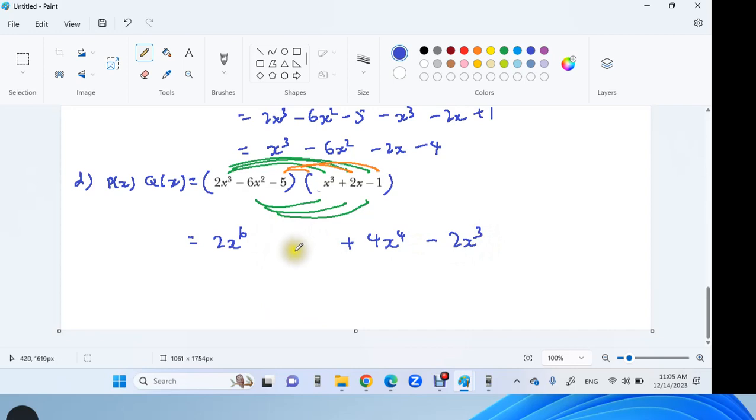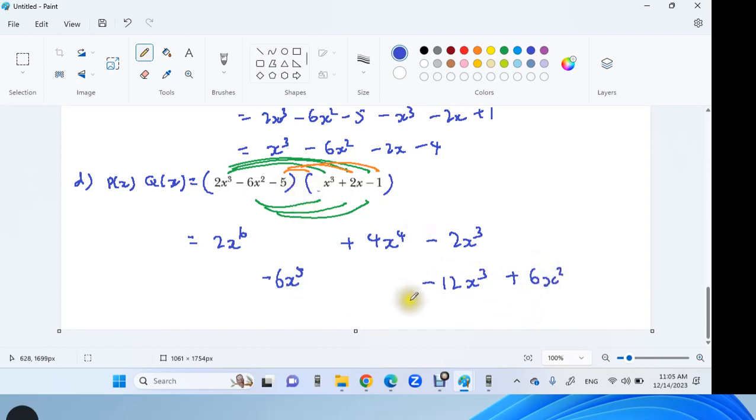I leave an empty space here because I want to align with the power. Then negative 6x squared multiplied with this will become negative 6x to the power 5, and then minus 12x cubed and plus 6x squared.